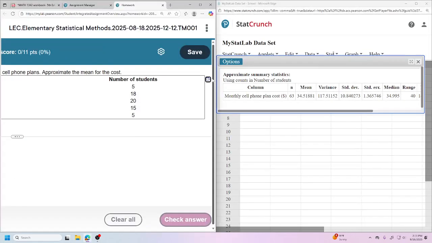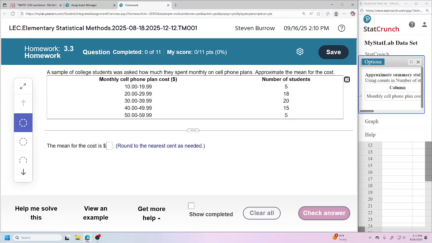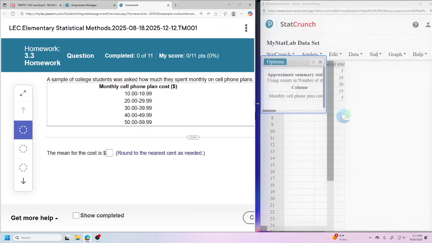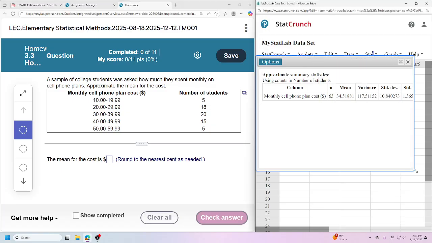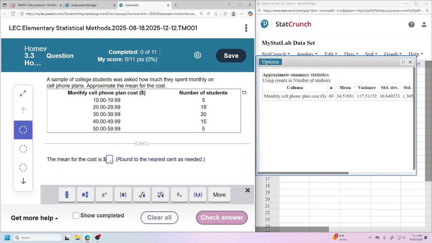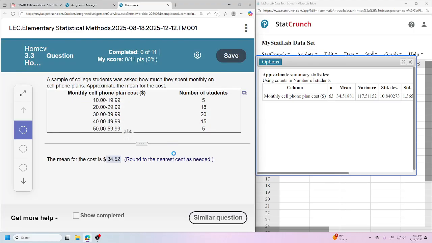It's just going to be that easy for like 90% of them. Whoa, Chad. That was way too much. All right, here we go. Let's see if it works. 34.52. And there it is. Like that was it. That was the entire problem. Cool, right? Keep cruising? I can.